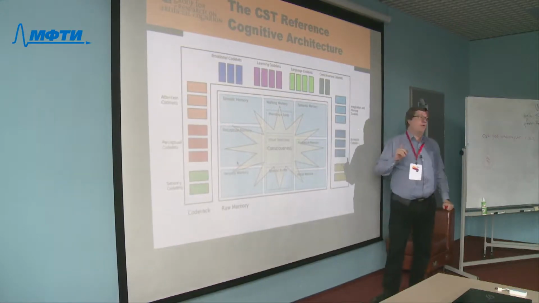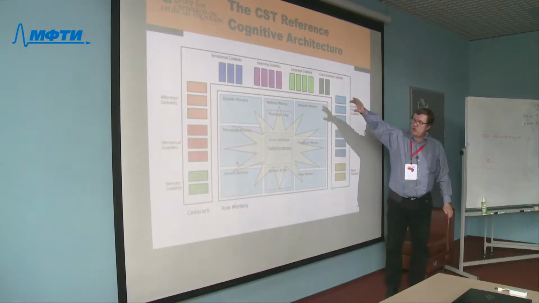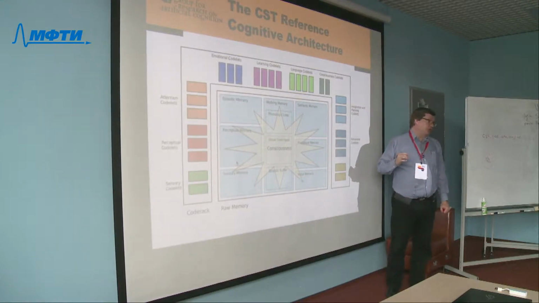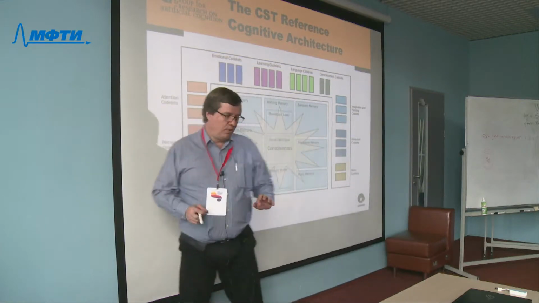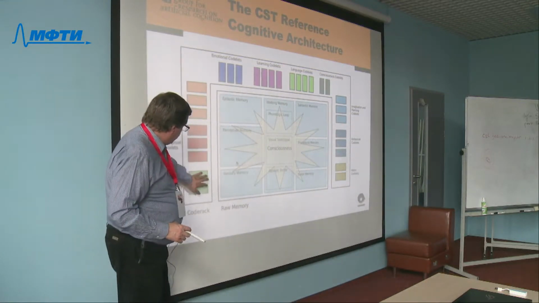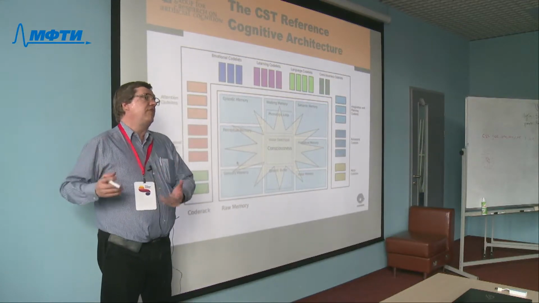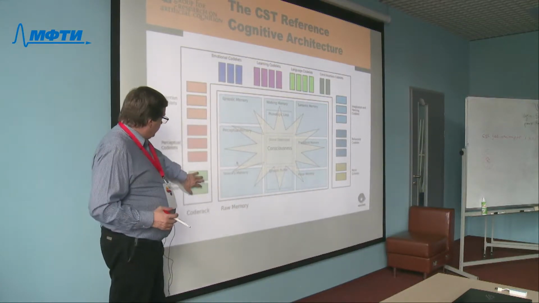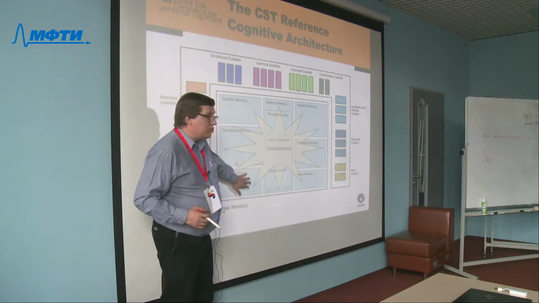But now we are making some attachments of these codelets to cognitive functions. So I might have, for example, sensory codelets that are responsible for getting information from the environment. These sensory codelets will possibly put memory objects in a sensory memory.